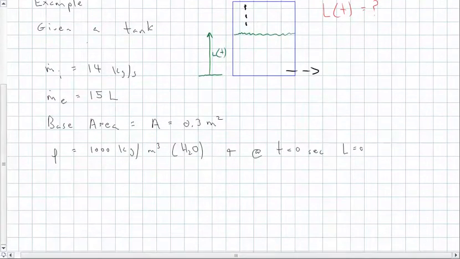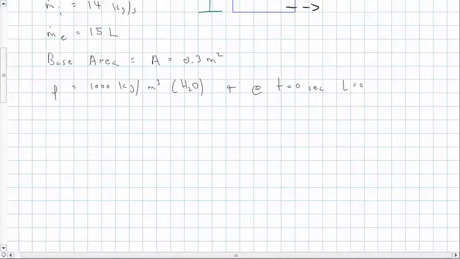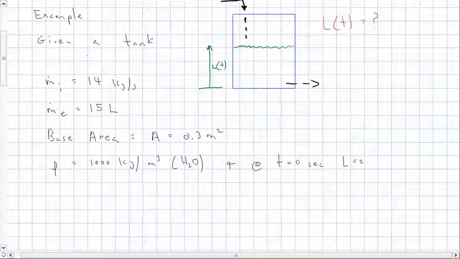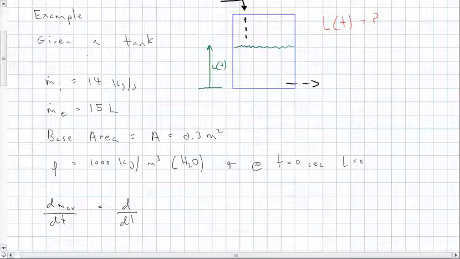So let's go down. dm CV dt can be transformed into d dt of what?